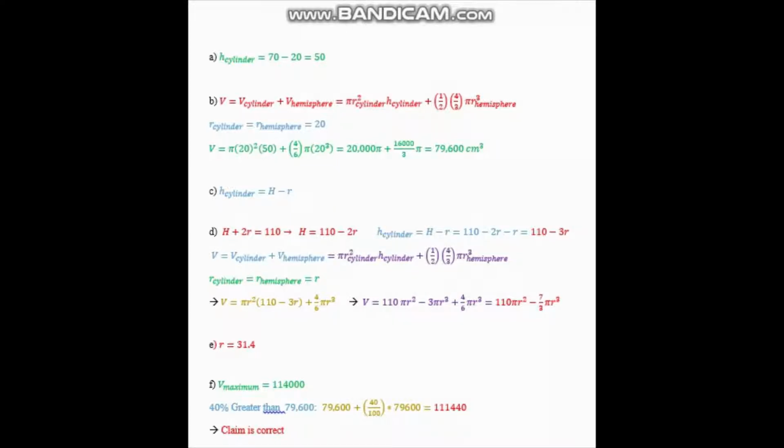So pi r squared times h becomes pi r squared times 110 minus 3r, plus 4 over 6 pi r cubed, which is just half multiplied by 4 over 3. And instead of writing r cylinder and r hemisphere, I've just written r because we know that they are both equal in value. So this simplifies to this red expression right there, which is similar to what was provided in the question.